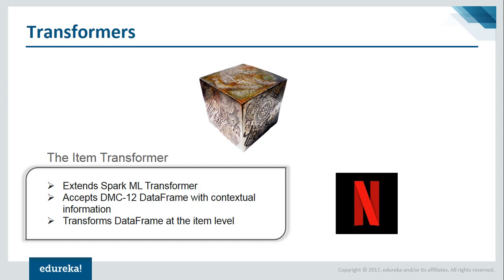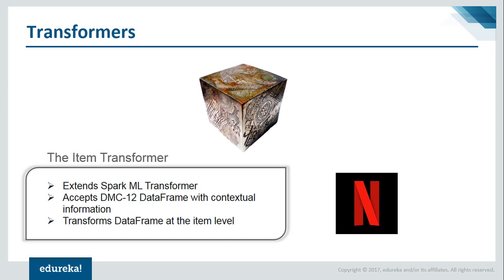Netflix basically uses an item transformer. Items are elements to be trained on, scored or ranked, like videos, search entities, etc. The item transformer extends the Spark ML transformer, and it accepts a DMC12 data frame with contextual information.